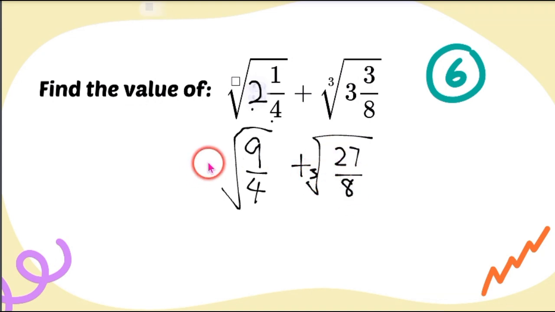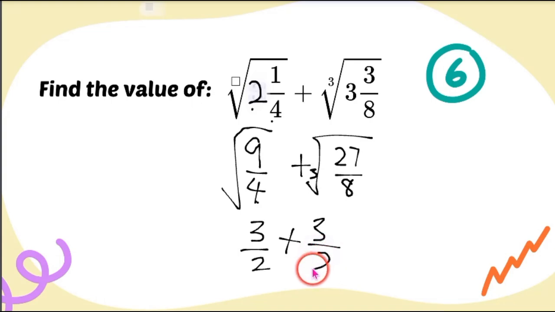Alright, so the square root of 9 over 4: the square root of 9 is 3, and of course the square root of 4 is 2. So that's done. When we go to the cube root, it is the number that multiplies itself 3 times to get 27, and that is 3. 3 times 3 times 3 gives 27, so 3 up here, and then 2 times 2 times 2 gives 8, so 2 down here.